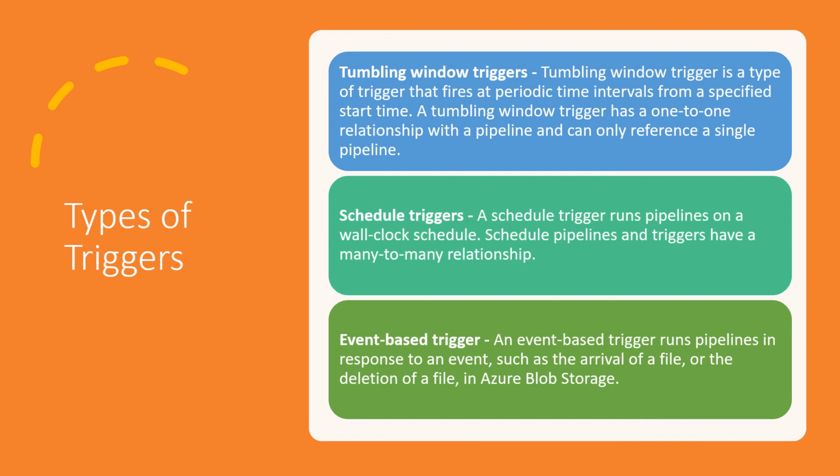Event-based trigger is quite interesting, where you can set a trigger based on an event. So for example, you can trigger your ADF if a new file has arrived, or you can set a trigger if a file is deleted.